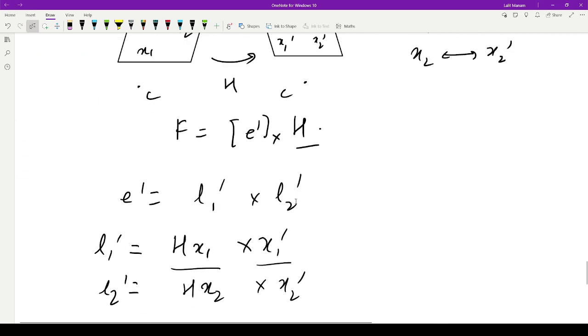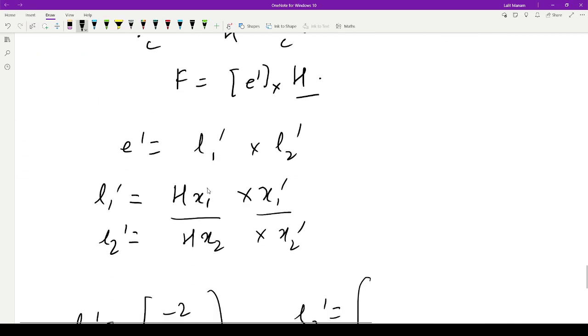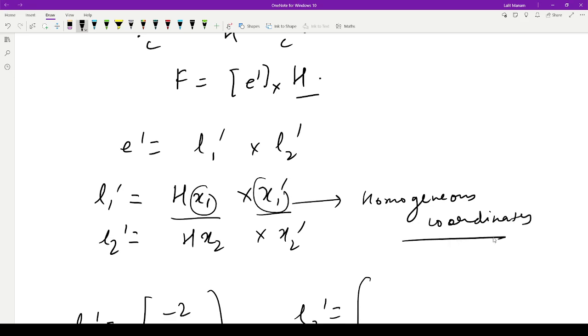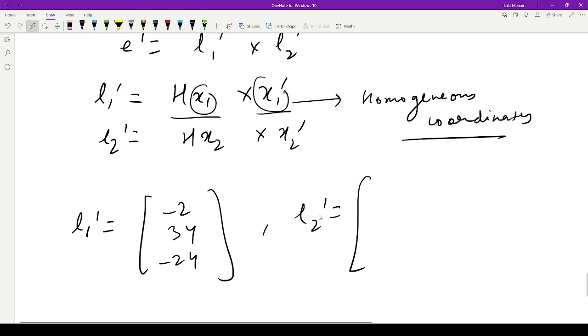So these are all in homogeneous coordinates. Given that, this will turn out to be minus 36, 86, minus 40.